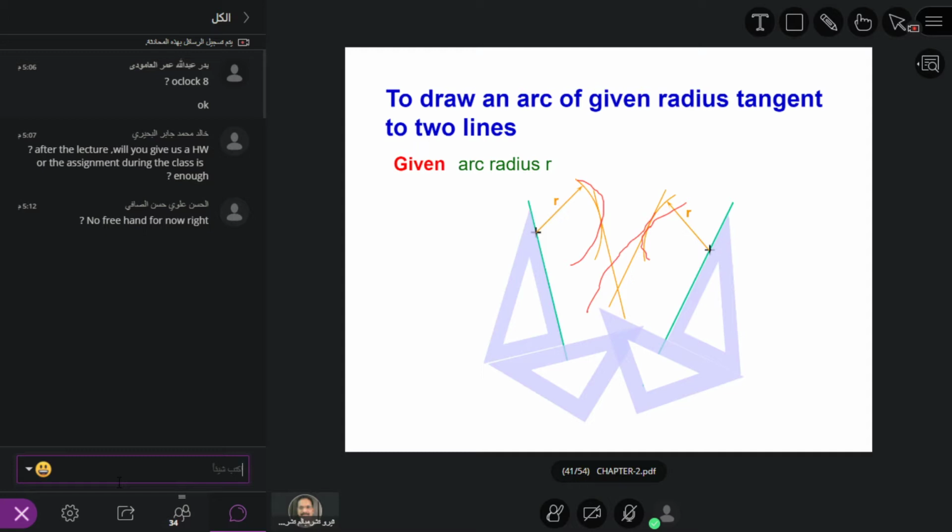Similarly, draw another tangent and then join it. That's how you draw the tangent. If the arc radius is given, you can draw the tangent to any two lines. It's very easy. This is the line, and from there you take the given radius, take the compass and make an arc. Then put the tri-square here, and then you can let me show it, like I did last time, because this will not help you much.